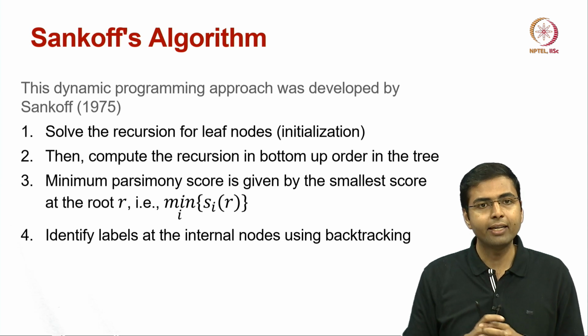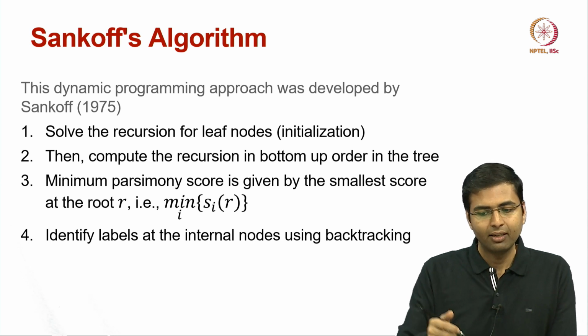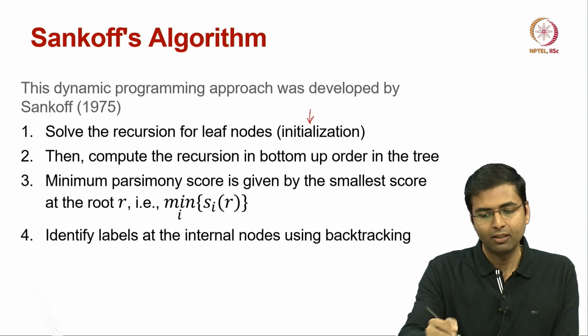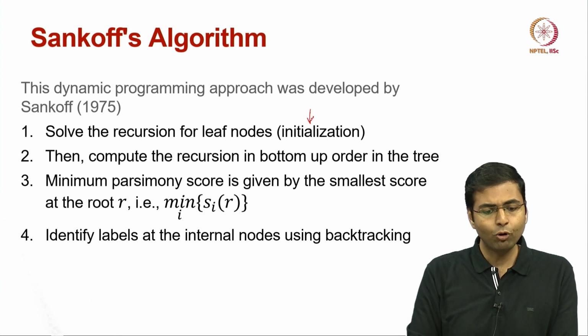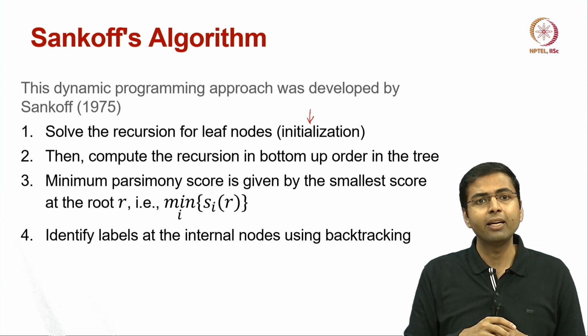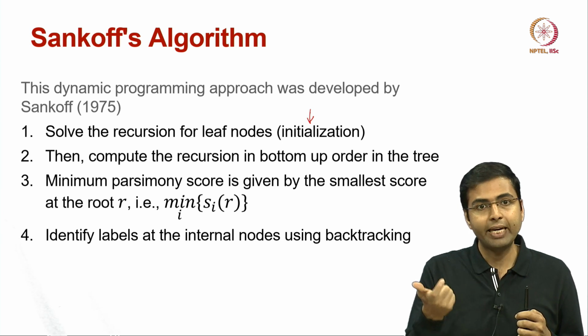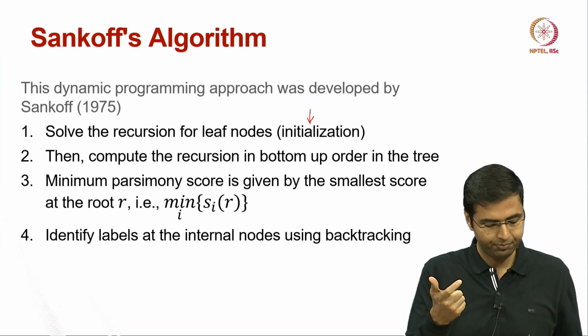So, first apply the recursion to the leaf nodes, that would be initialization. So, at the leaf node basically the score would be 0 if your state is equal to the observed state.